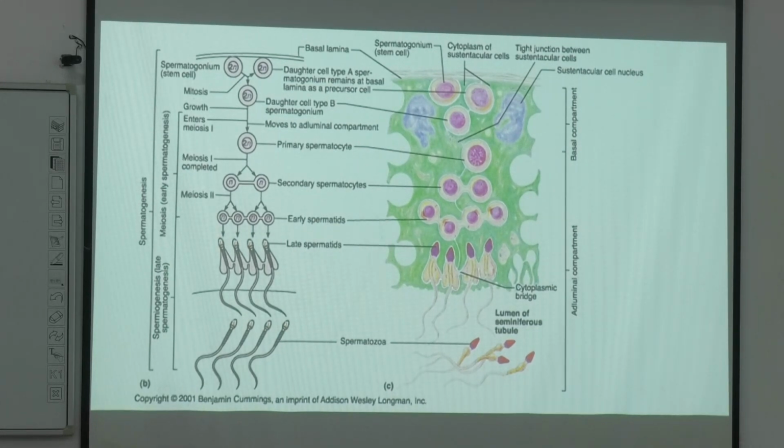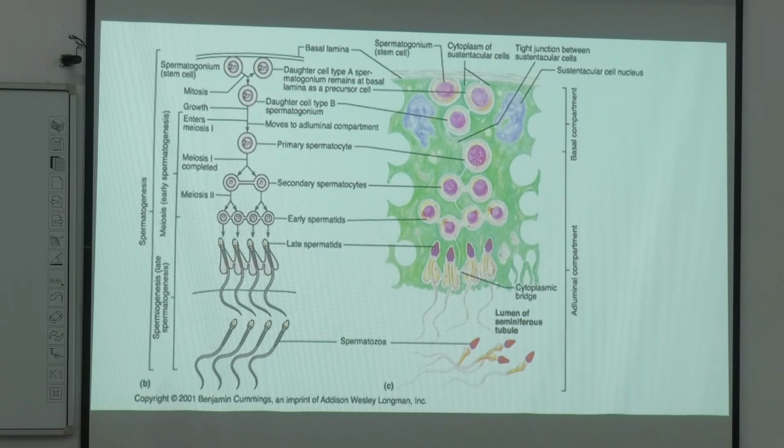Once the primary spermatocyte is there, meiosis 1 is introduced, which divides the nucleus, the genetic material, into two halves. From 2N to 1N is formed, which we call secondary spermatocytes. So there is a reduction of genetic material by meiosis 1, which makes primary spermatocytes into secondary spermatocytes.